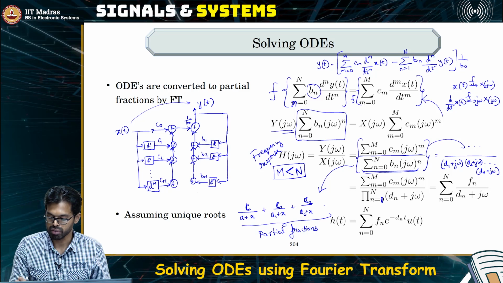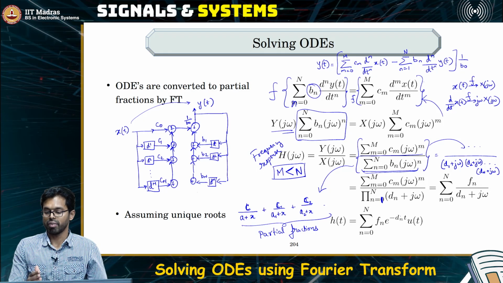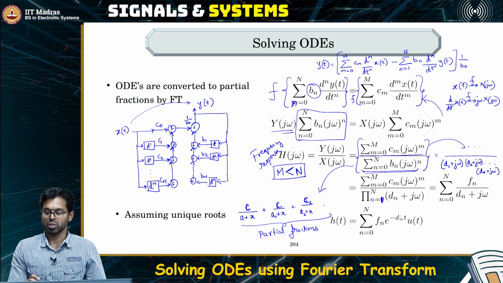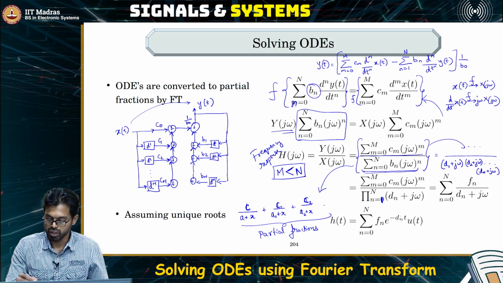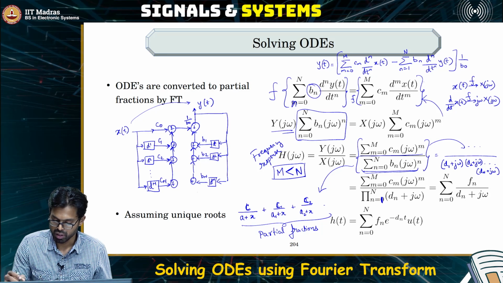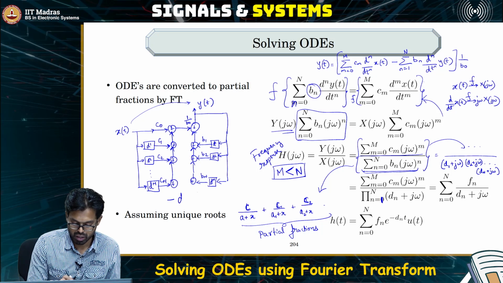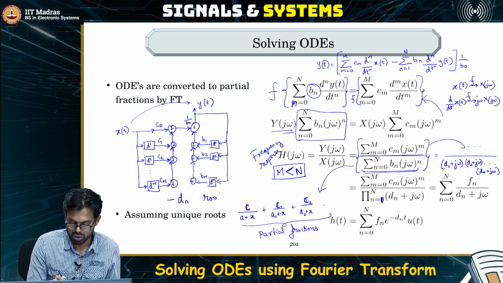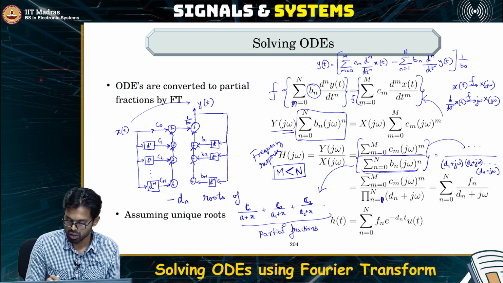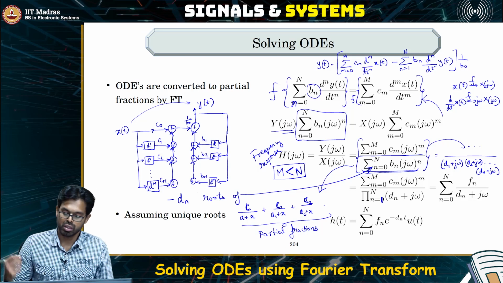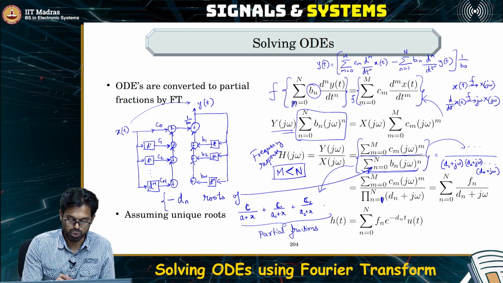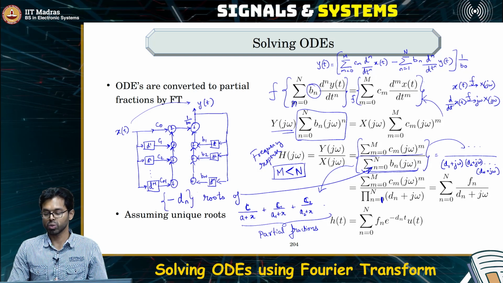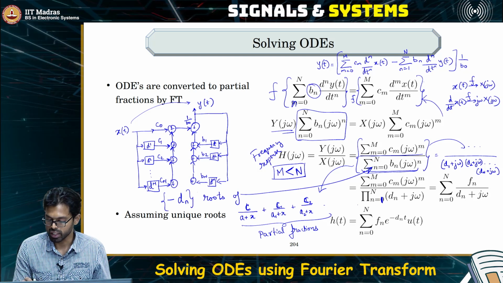This is what we are referring to as factorizing the polynomial. You write the polynomial in terms of its roots. Here we have minus dn as the roots of this particular denominator polynomial. Once we have these roots, you factorize, find the roots of this polynomial, then you can write it in this form.